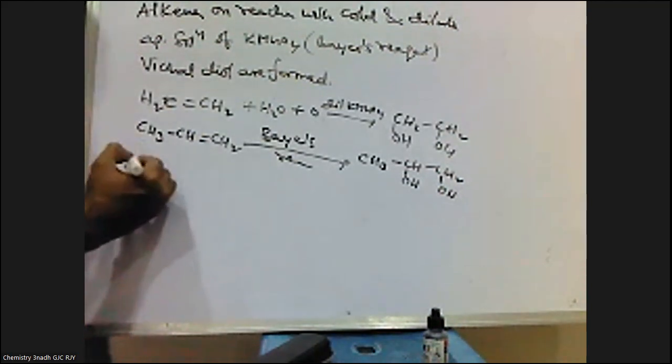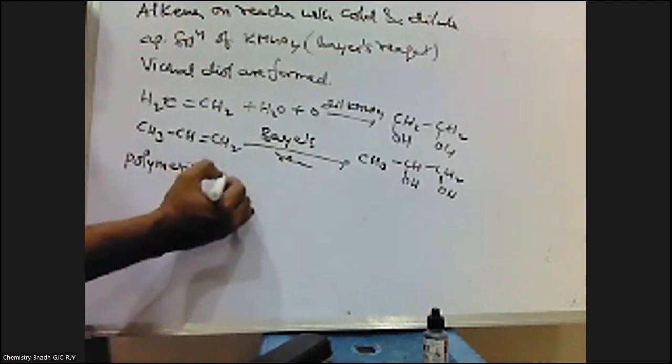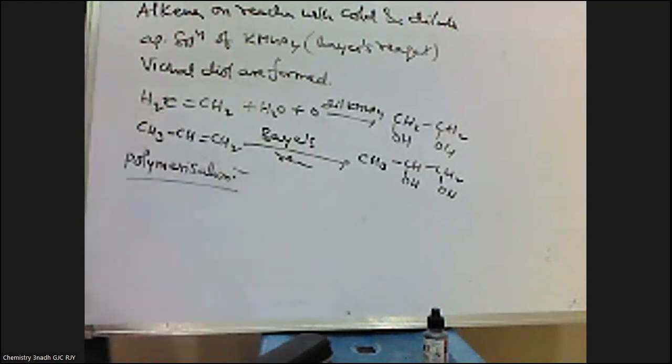Next one is polymerization. We are familiar with polythene bags and polythene sheets. Alkenes undergo polymerization.